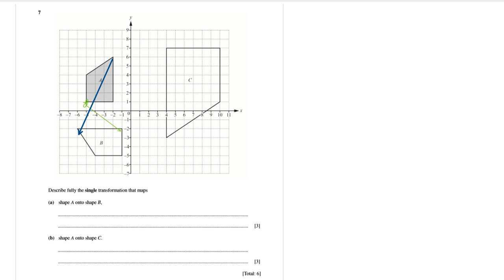As the lines have intersected, this is definitely not a reflection. This is a rotation. So we are moving from A to B. It has to be rotation, 90 degrees anti-clockwise.